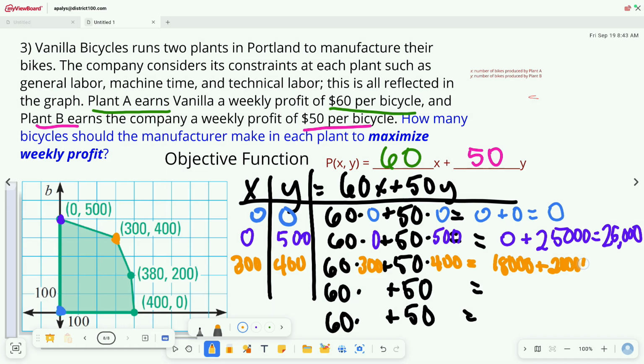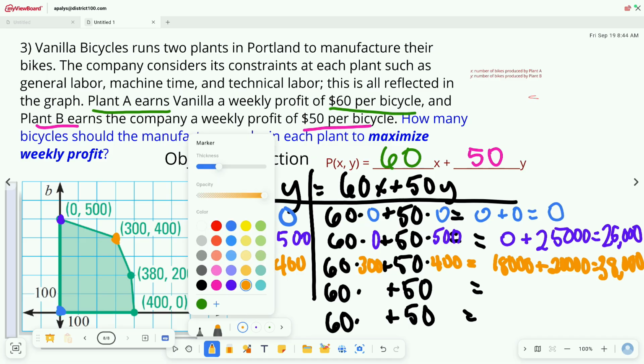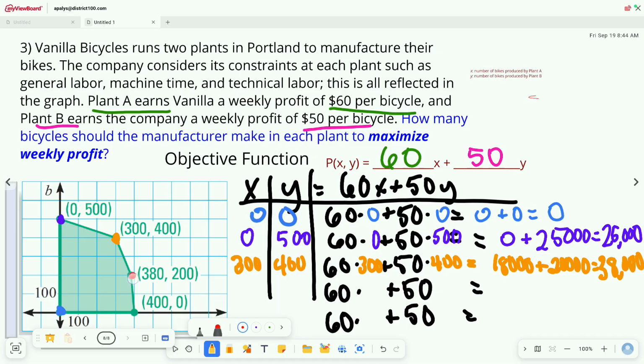Goodness gracious. 38,000. Those are all zeros. They're all in hundreds here, so $380 and 200.